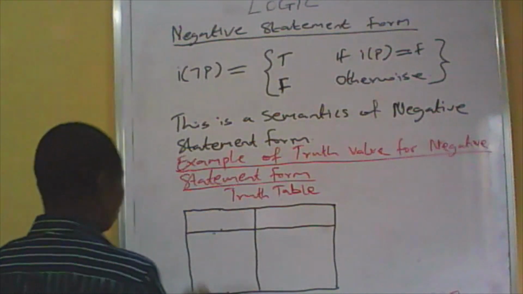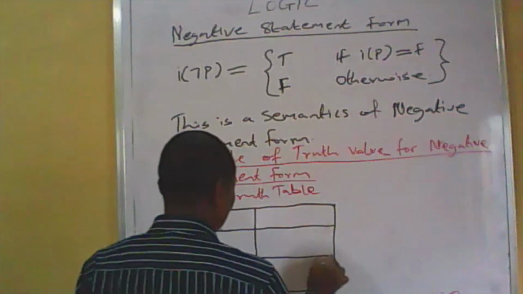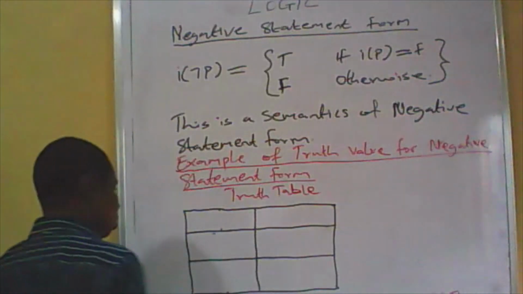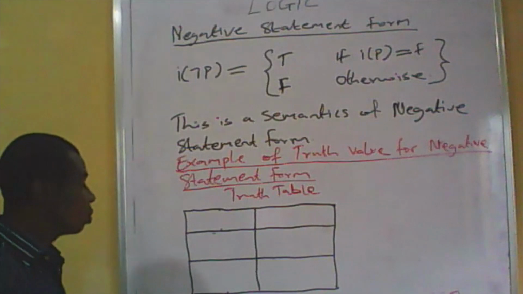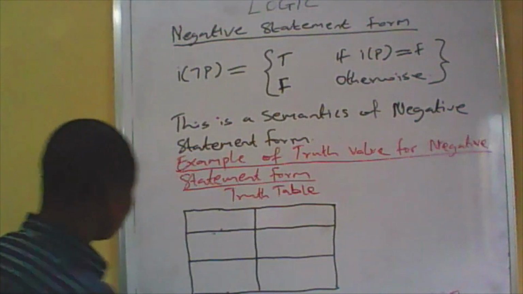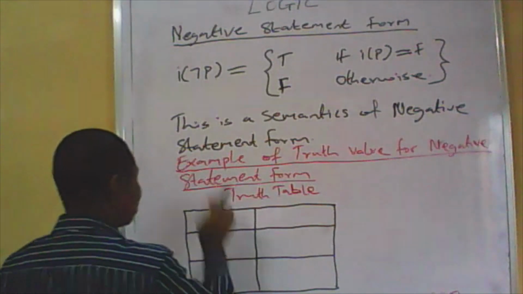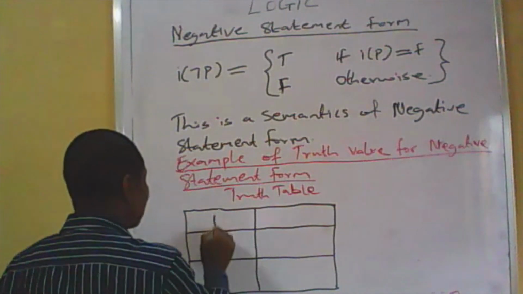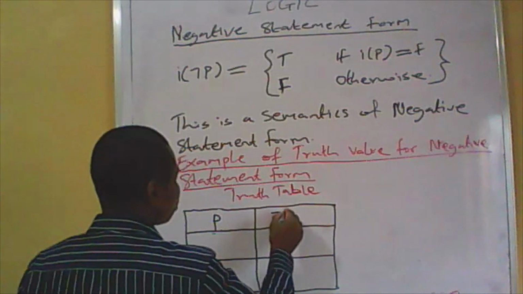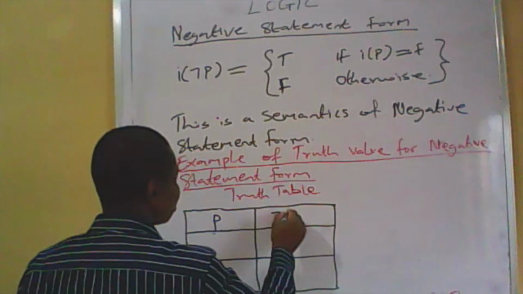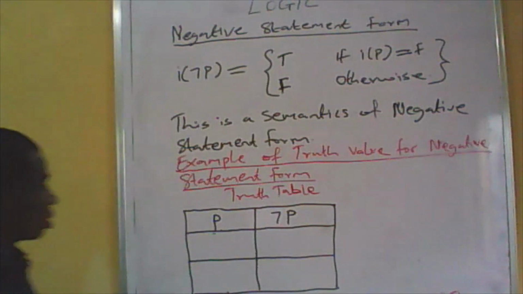Then we draw another horizontal line to create the first row and second row. Now we have created three rows, but the first row contains our statement. We have P as our statement and not P as our negative statement.